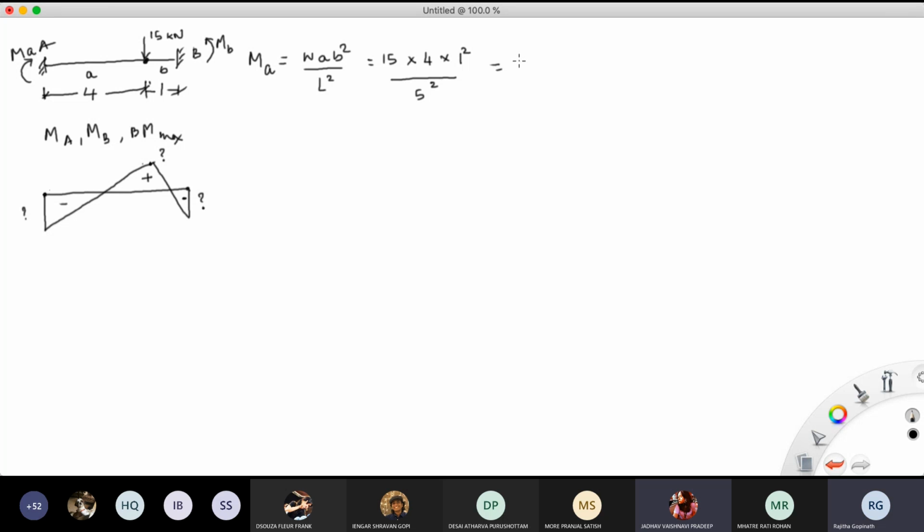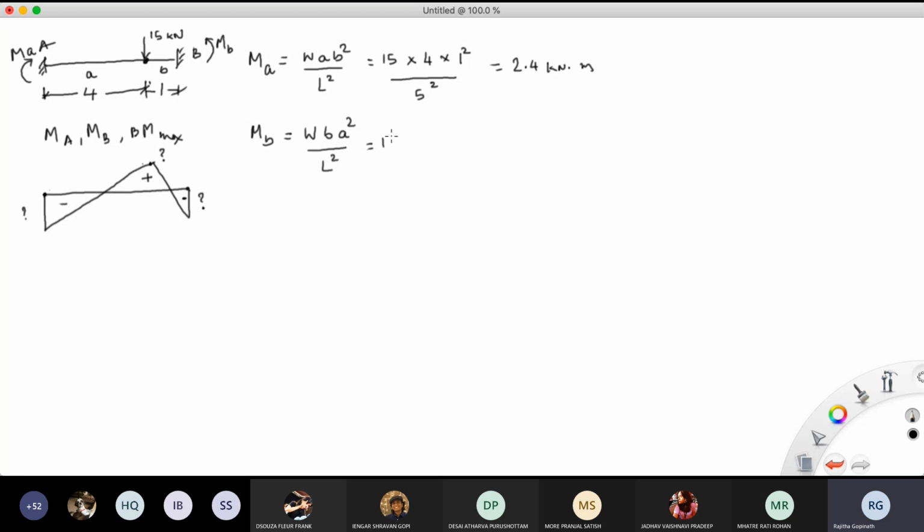कितना आया? 2.4. Okay, so this is 2.4 kilonewton meter. Now what is MB? MB is going to be W into B into A, which is further away, A squared divided by L squared.